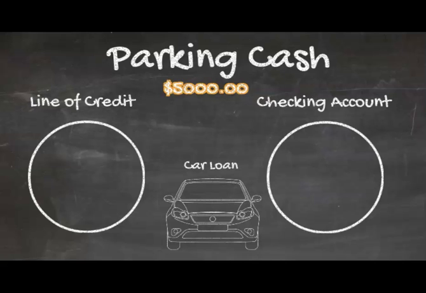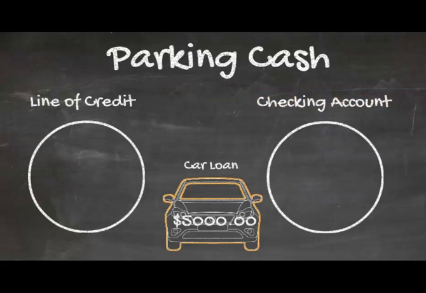So let's say we put this cash into the car loan. That's our first option. Now we look at the alternatives. The rules and restrictions of this account are that once you put cash into it, you cannot take cash back out of it.